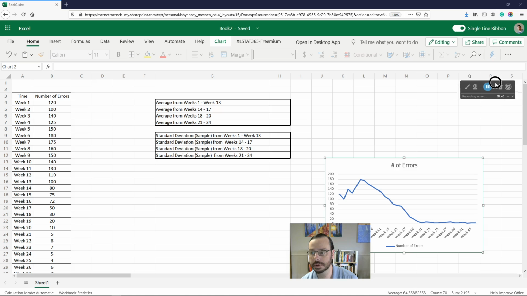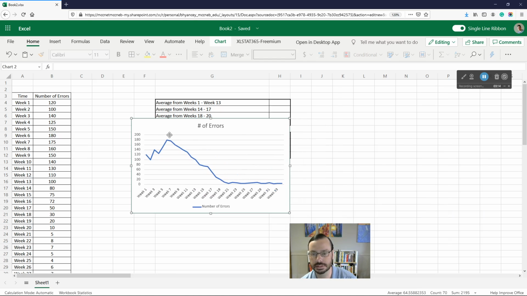Now, when you're working a problem like this, a lecturer or a professor may ask you, well, you need to understand over what time period process change occurred. There might be a period of time where things are getting bad, a period of time where things get worse, and then a period of improvement, followed by a period of leveling off, which I think you can kind of see in this run chart.